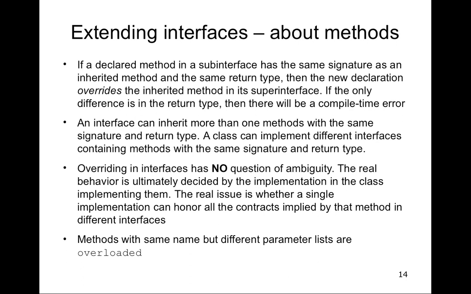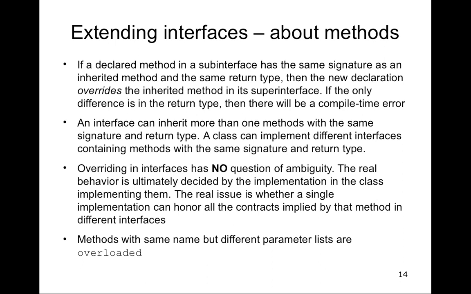Signatures mean the number of parameters and the order in which they're set. So if it has the same signature as the inherited method and also the same return type, which means it's the same, then a new declaration overrides it automatically. So the same rule as works with inherited classes works with inherited or implemented interfaces and multiple interfaces. They override each other. So it's the last one you used, which is the one you're going to get.